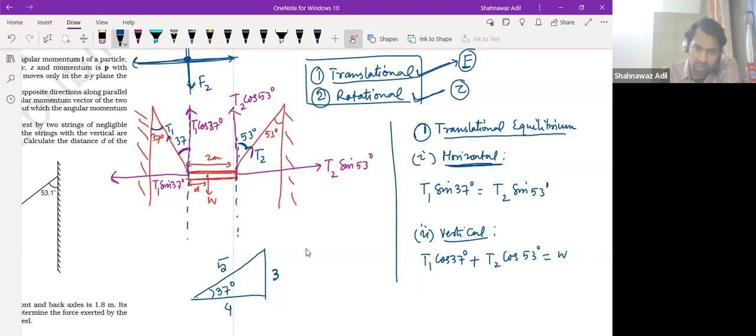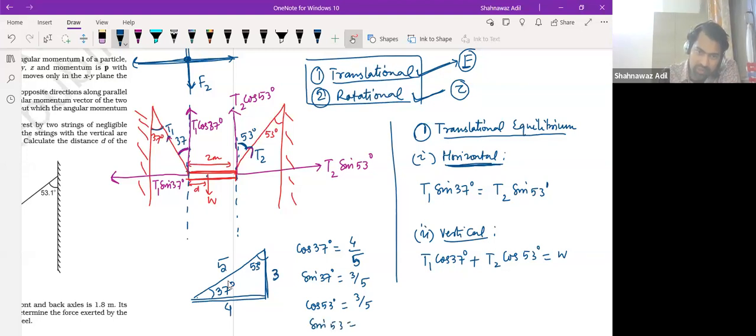So if I write cos 37, that is B by H. Then sin 37 is P by H, where this is 5. Similarly, cos of 53 is B by H, and sin of 53 is perpendicular by H. So these are the values that we have.